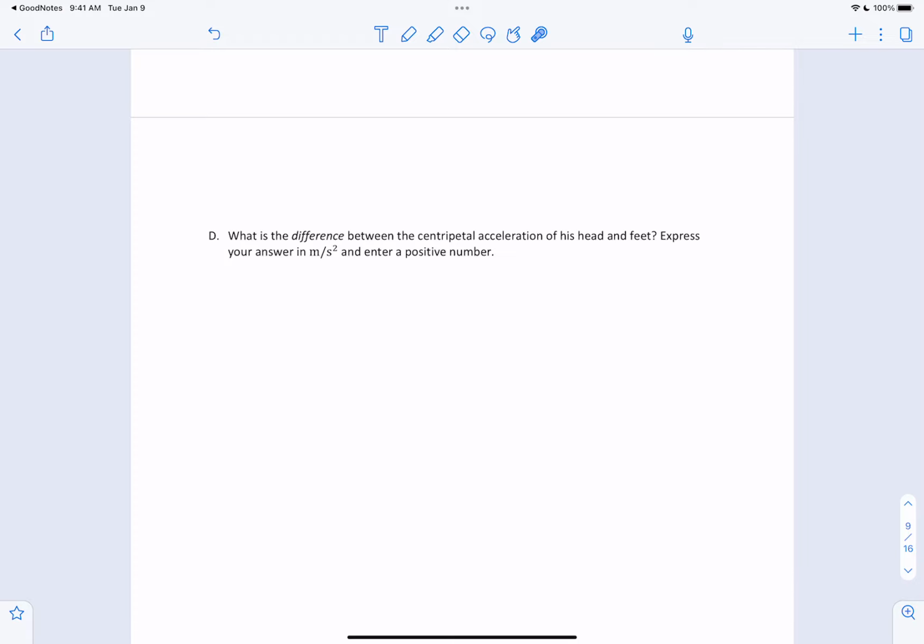Now for part D, what is the difference between the centripetal acceleration of his head and feet? In this case, it's the same deal here. For centripetal acceleration, we're going to be using some of the same values.